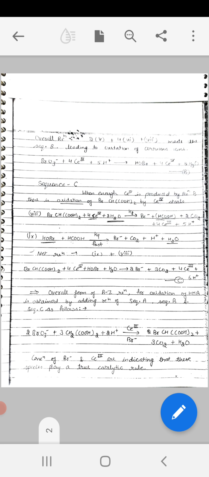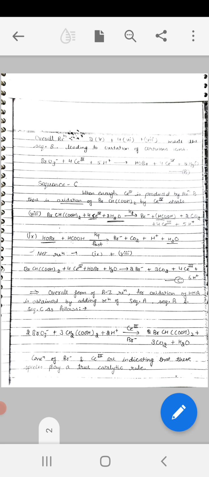Next are reaction 9 and reaction 8. We can write BrCH(COOH)2 plus 4 cerium 4 ions plus HOBr plus H2O giving 2 Br minus plus 3 CO2 plus 4 cerium 3 plus 6 H plus.